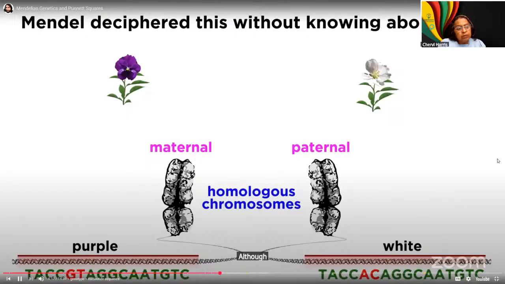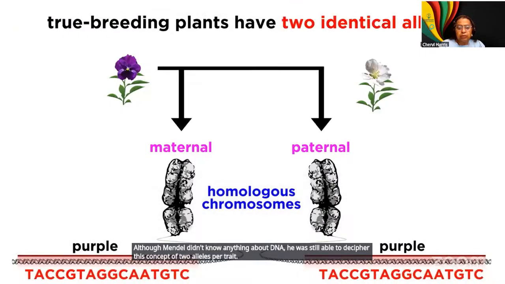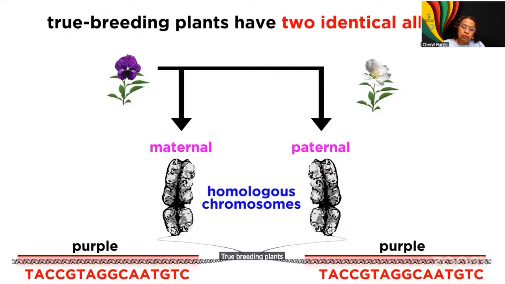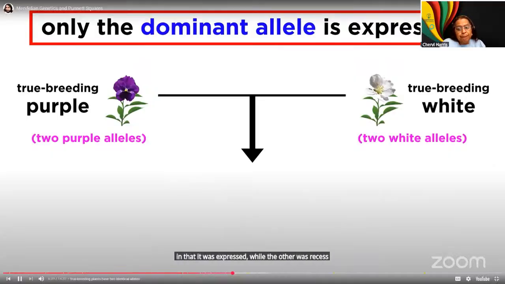Although Mendel didn't know anything about DNA, he was still able to decipher this concept of 2 alleles per trait. True breeding plants must have identical alleles for a particular trait. But when he performed the hybridization, he realized that one allele was dominant, in that it was expressed while the other was recessive and stayed dormant.